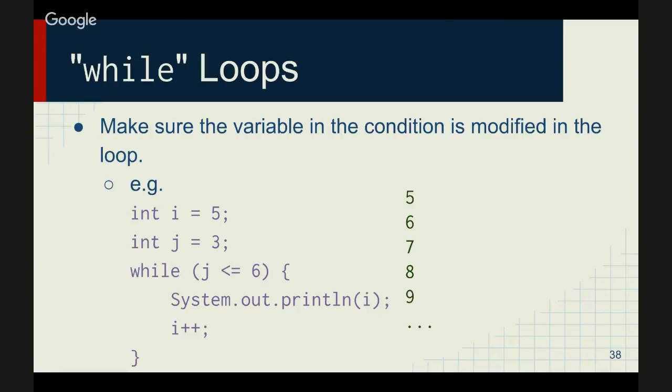All right, while j is less than or equal to 6, is it? We print 7. What's wrong here? Nothing's happening to j. So we incremented something, but we didn't increment the thing that mattered, right? j never changes. So you have to make sure that the one that's in the parentheses, which is determining how long the loop goes, gets changed somewhere.